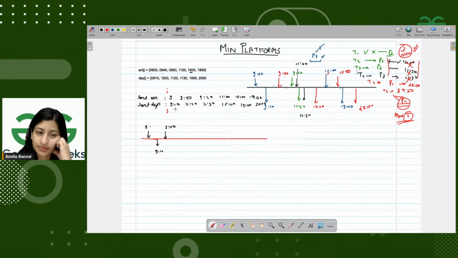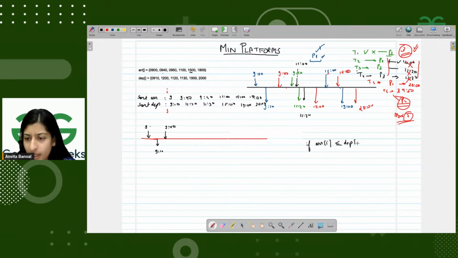So when you are at the 0th index, you check what your arrival is. Your arrival is at 9. What is your departure for that Jth index? That is 9:10. You compare both of them. Is 9 smaller than 9:10? Yes, it is. In that case, if arrival of I is less than or even equal to departure of J, then you are using one platform for sure.